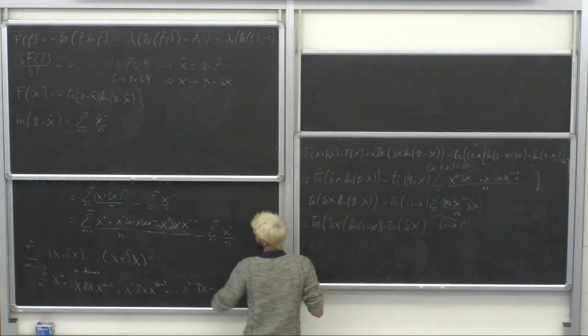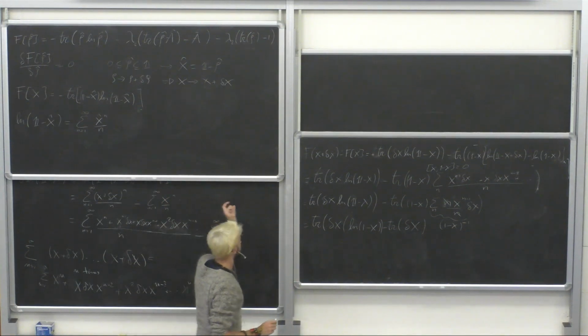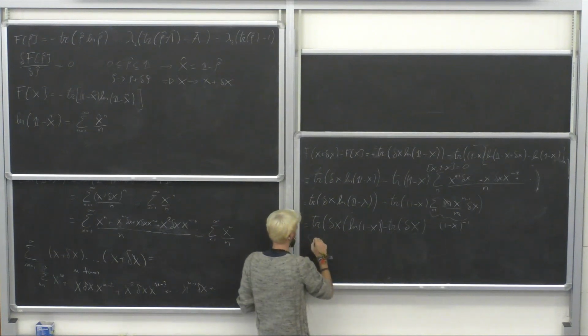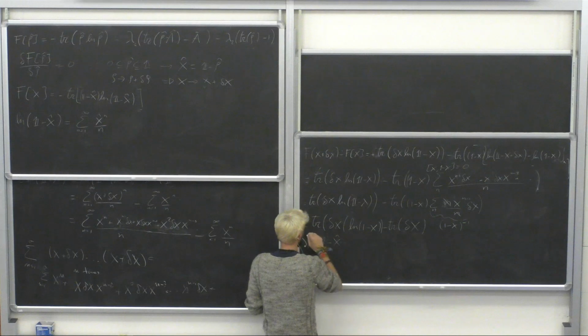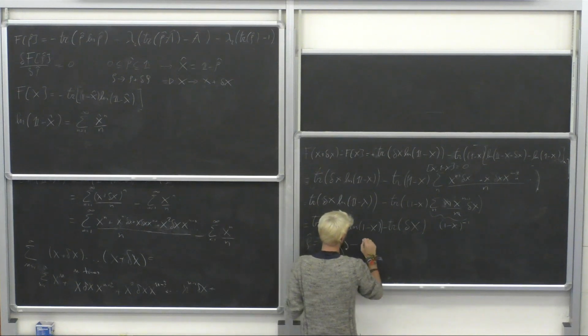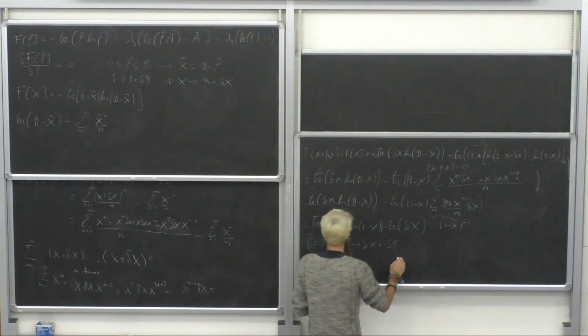Since we have used this definition, delta x is equal to minus delta rho. So let's write it: rho is equal to 1 minus x, so delta x is minus delta rho.